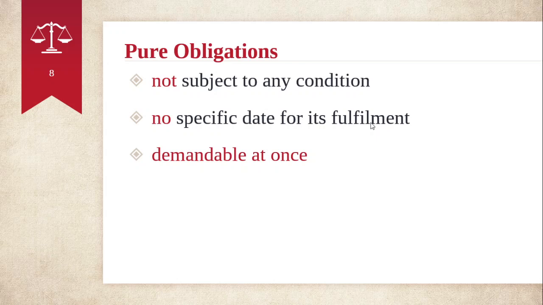So no specific date for its fulfillment. So since there is no condition, and you did not discuss when it will be done, when the obligation will arise, that means it should be demandable immediately. When we say demandable at once, that's demandable immediately. Right away, you can compel the debtor to perform his obligation right away. You can also compel the creditor to accept the performance of the obligation.